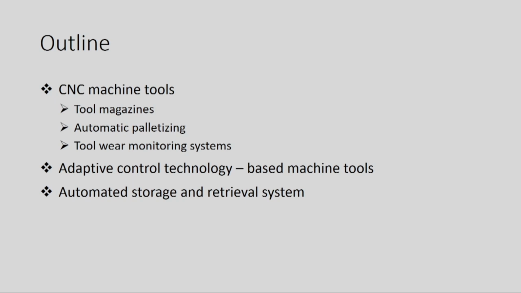After that, we will learn the concept of automated storage and retrieval system. Then we will study the industrial conveyors, and at the end of the lecture we will study the industrial robots and its application in manufacturing.